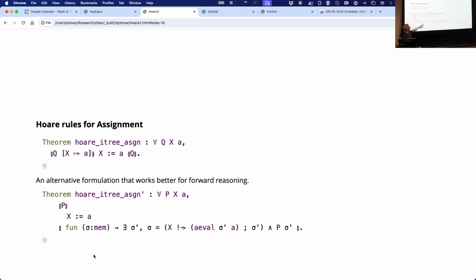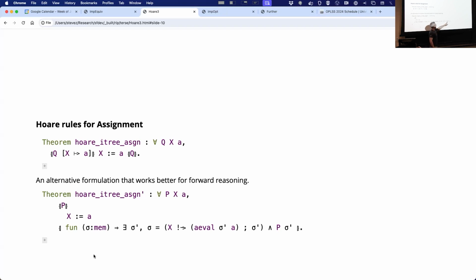Well, it means that there exists some final state where we evaluated there exists some initial state where we evaluated A in the initial state, and then we update X to be that. And in the resulting state, the predicate is that sigma, the final state here, is what we get by doing that update.